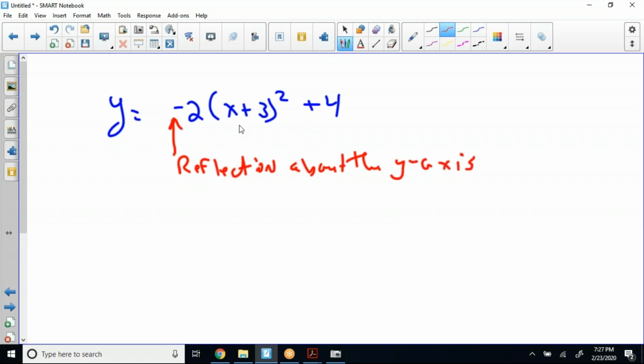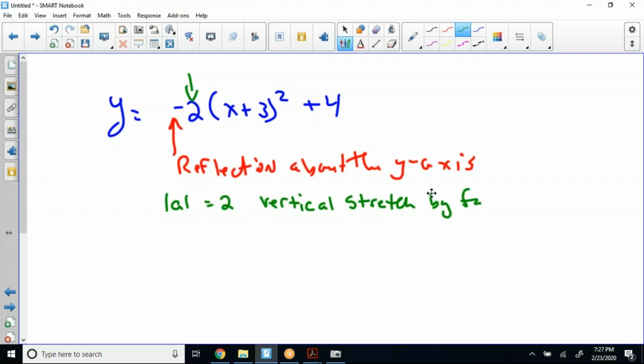So the parabola, instead of opening up, it would open down, okay? This, the green, would be really the absolute value of a, so that's 2, and that would be your vertical stretch by a factor of 2, right? Vertical stretch.